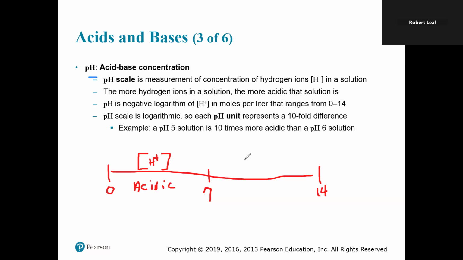Whereas if you have more of the OH, the hydroxide, in a solution, anything above 7, we say the solution is basic, or you say it's alkaline. Now, what happens if you have equal amounts of hydrogen and hydroxide? We say the solution has a pH of 7, and you would call it neutral.